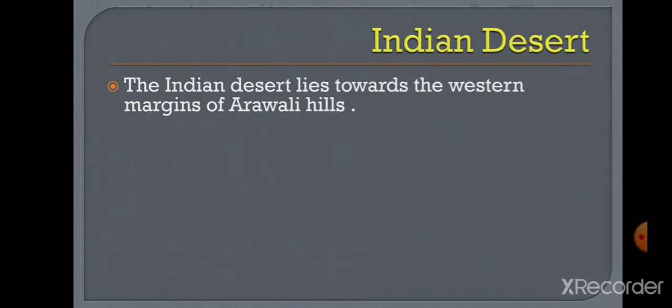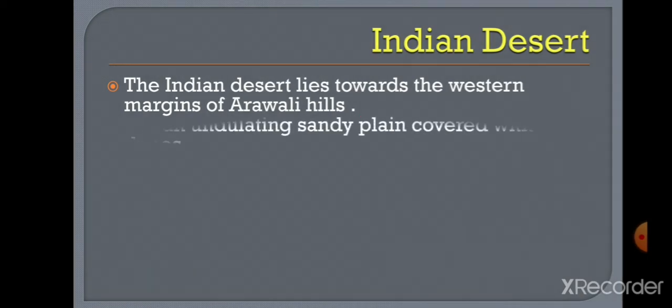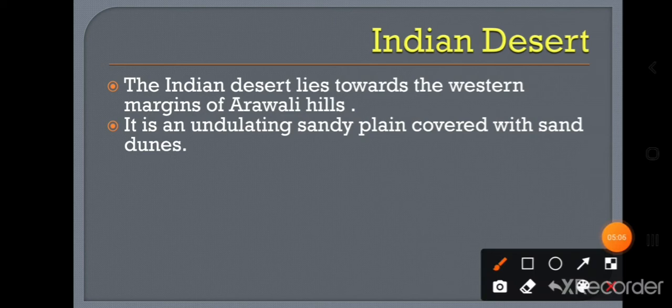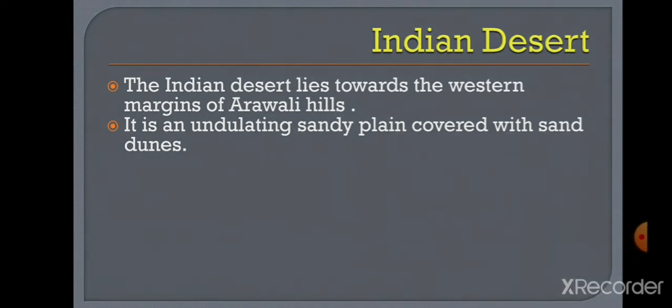Now second part, it is undulating sandy plains covered by sand dunes. Basically, what is undulating? When you travel in this area, there will be sand dunes which give a kind of roller coaster ride, right? So you will have a ride like this onto the sand dunes, and that is why we call this an undulating sandy plain.